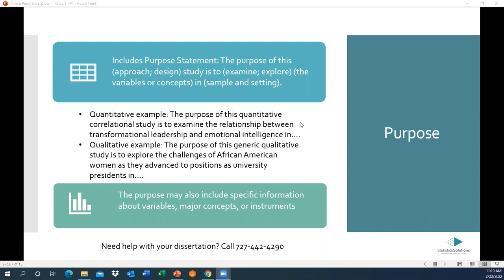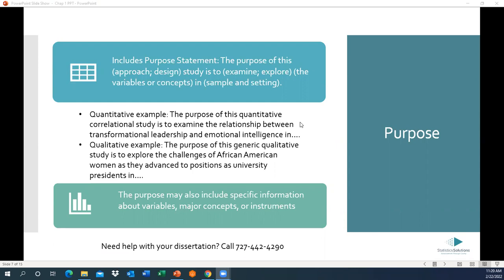Something like explore usually works better for qualitative studies, where you're exploring something that you don't have all the information on yet. So the purpose of this quantitative correlational study is to examine the relationship between transformational leadership, here are your variables, and emotional intelligence, and then whatever population, sample and setting, in healthcare workers, and whatever setting it is.